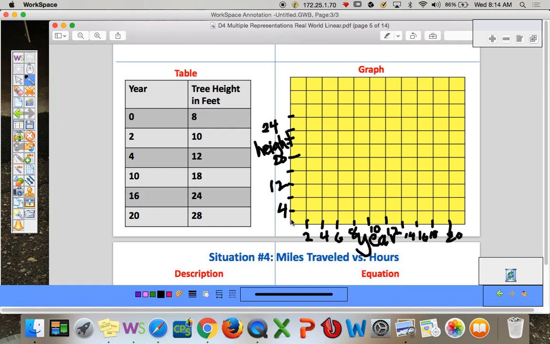Okay, so 0 is 8 feet, so 8 feet's right here. At 2 years, it's 10, so that would be right here. And I have at 4 years, it's 12. Oops, I did my dot wrong here. Let's try that again. At 10 years, it's 18.